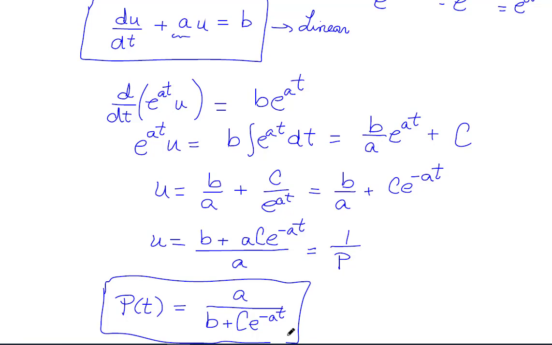So what would this say in population dynamics? It would say that the limit as t goes to infinity of p of t, this term will go to 0. And so it reaches a carrying capacity of a over b.